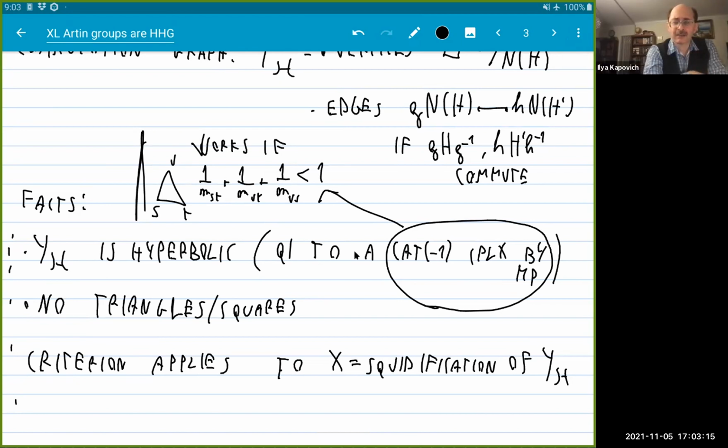Another question I had: I think there is some other notion, being sort of HHS in some relative sense, right? Being relatively hierarchically hyperbolic. Yes, there is. I was wondering whether that can be used for other Artin groups which are not covered by your result.